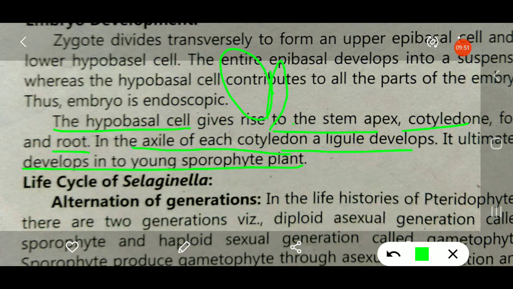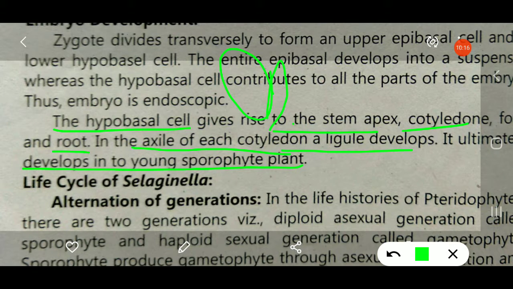As you see, when you sow maize, bajra, or jowar in your farm, when sprouting takes place you can see a black colored coating. This is nothing but the cotyledon, and from this cotyledon the leaf develops. When the leaf starts developing, more leaves come and the whole plant is formed.